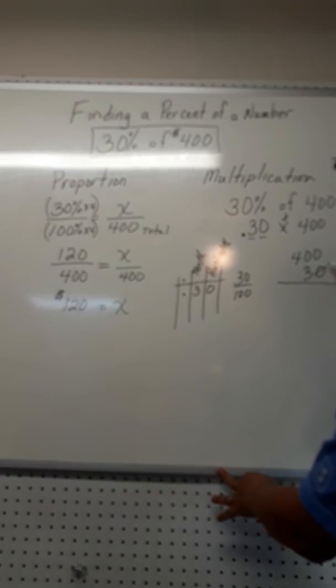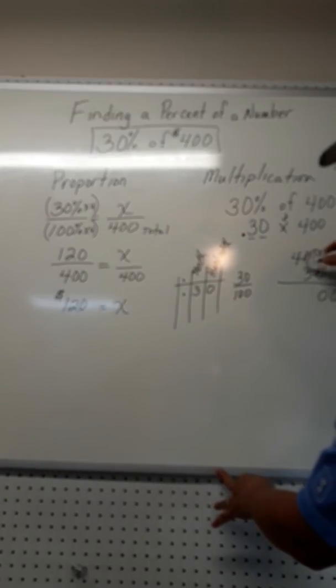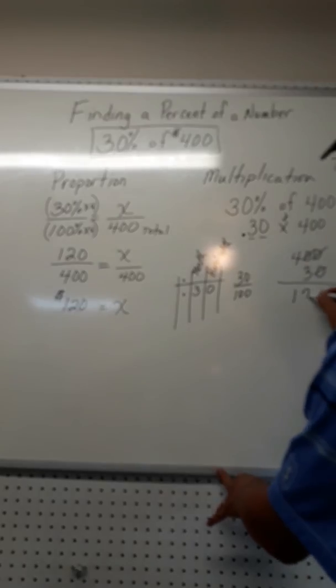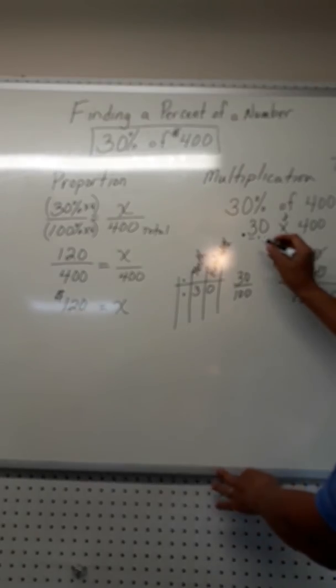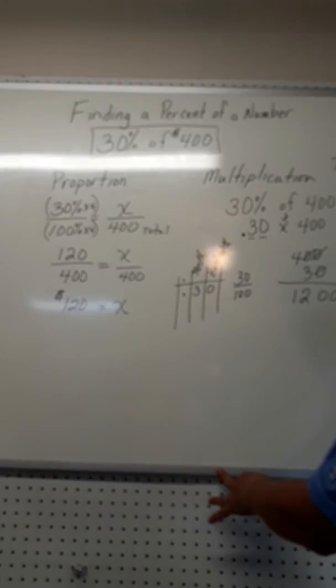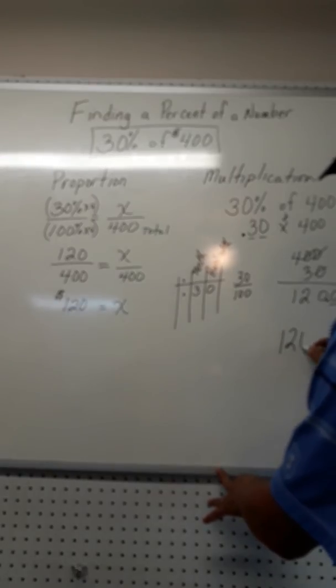I have 1 trailing 0, 2 trailing 0, 3 trailing 0. 1, 2, 3. And then 4 times this 3 is 12. And because I have 2 digits behind the decimal, I go to the far right, 1, 2, underline, just like I did here, and then put the decimal point. So therefore, I get $120.